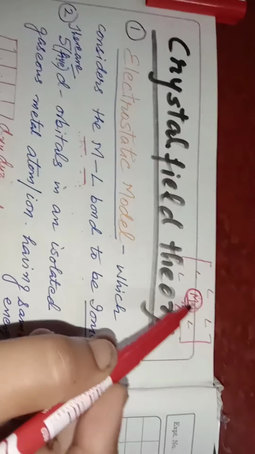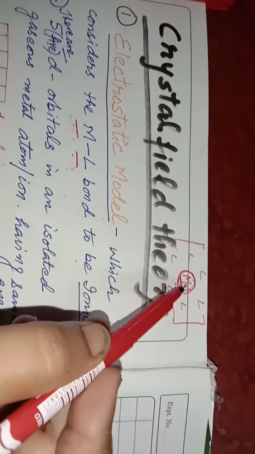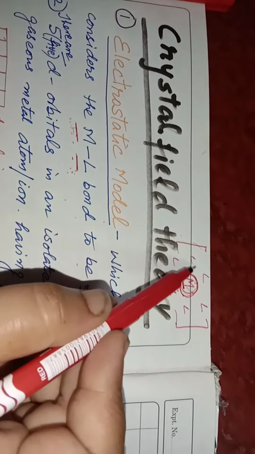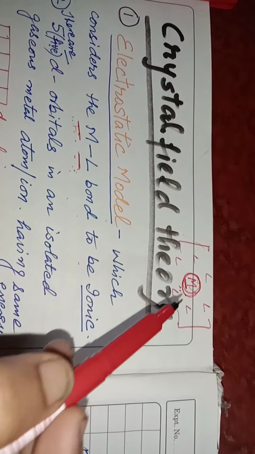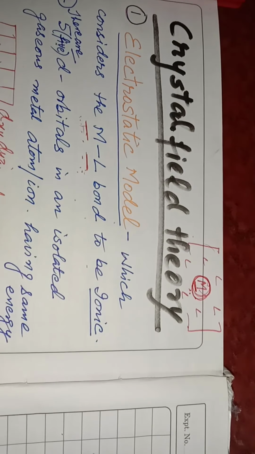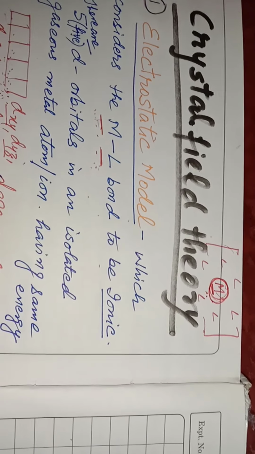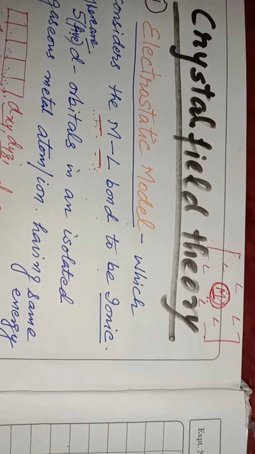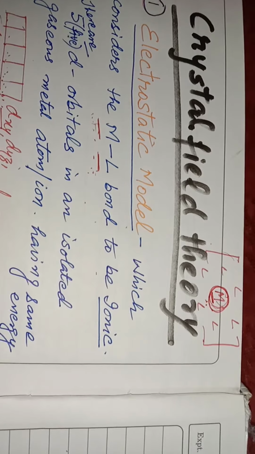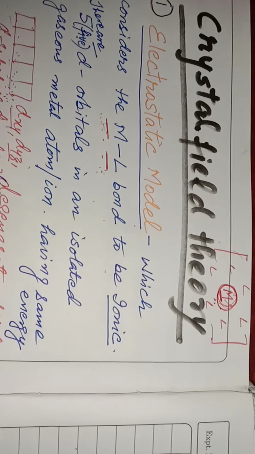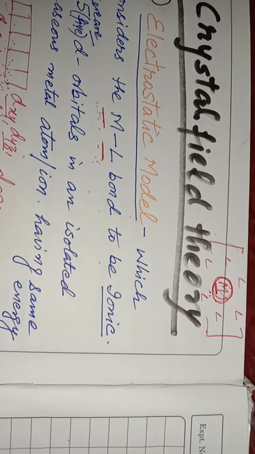When the ligands approach this central metal atom, the field becomes asymmetrical and the degeneracy of d orbitals is lifted. It results in the splitting of d orbitals.